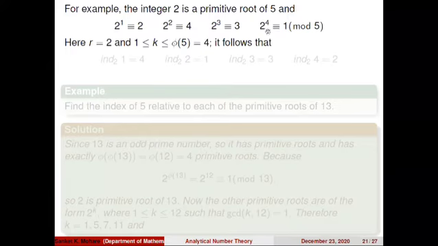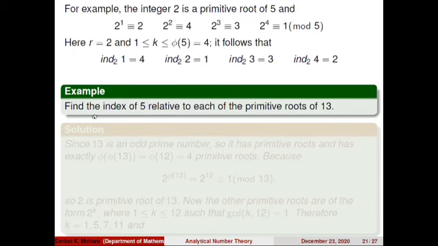That's why the index of 1 relative to 2 is 4. Similarly, the index of 2 relative to 2 is the smallest power, 1. Similarly, the index of 3 relative to 2 is the smallest power, 3. Similarly, the index of 4 relative to primitive root 2 is the smallest power, 2.